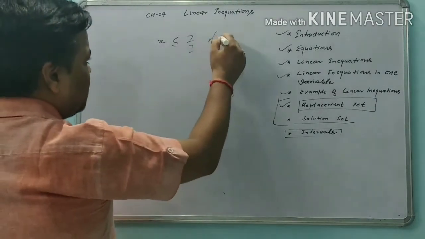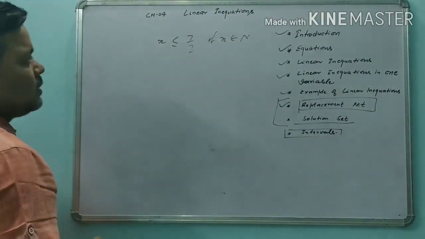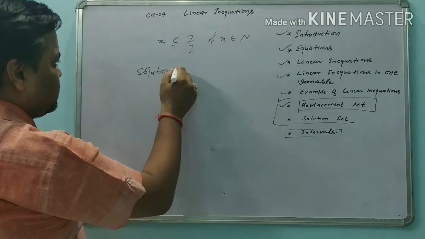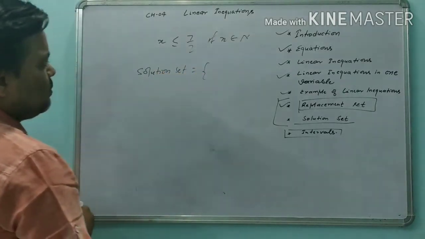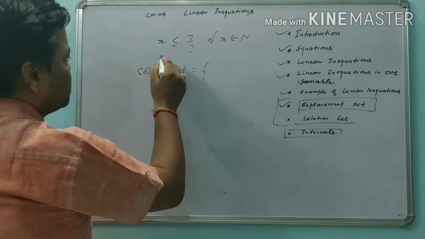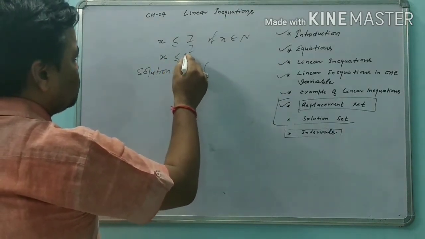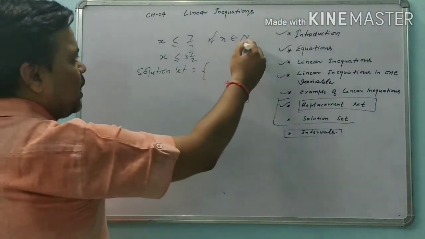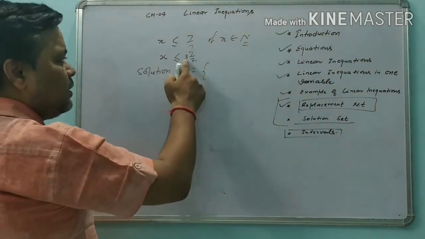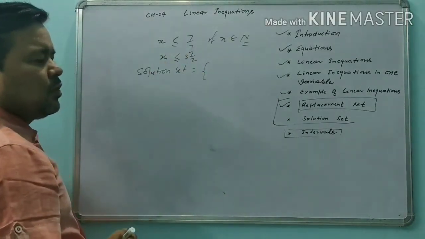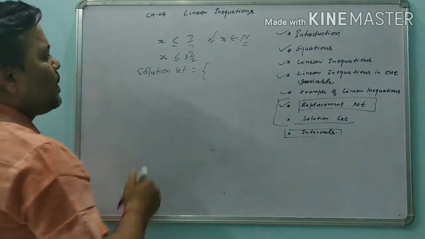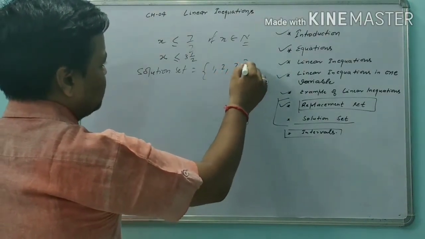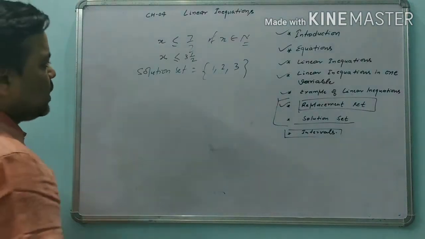If x belongs to the natural numbers, in that case the solution set will be all the natural numbers less than 7 by 3, that is 2 and 1 by 3. Now we will take 1, and we will take 2. This is the solution. And how should we represent it?